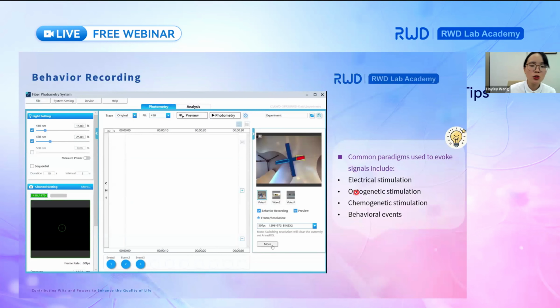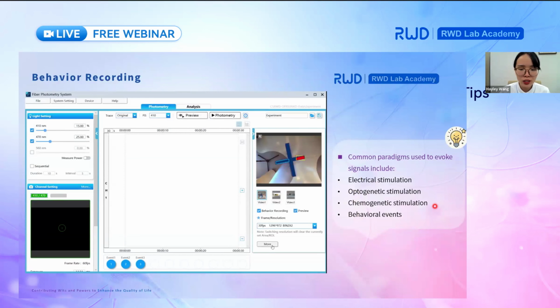In many fiber photometry experiments, the neural recording is performed together with animal behavior testing, such as the open field test or the elevated plus maze. This makes it possible to relate the fluorescent changes to the animal's behavior in real time.